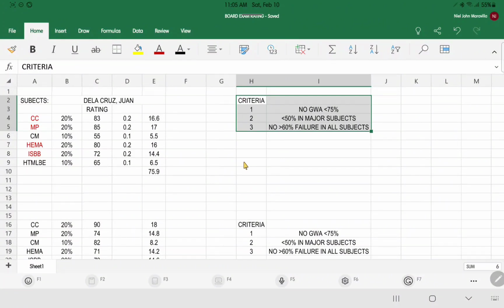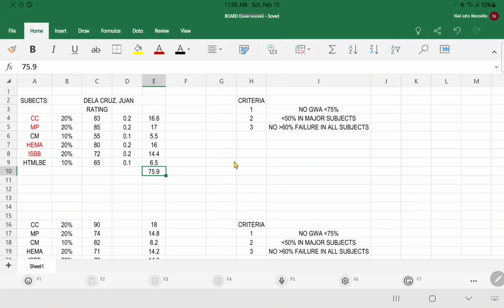There are times when even if the rating is passing, they fail because of these criteria. Aside from knowing how to compute the general weighted average, you need to know on what criteria they failed. For criteria 1, it is very understandable: a general weighted average of less than 75%. So if the general average is 74.9 or lower, they fail.